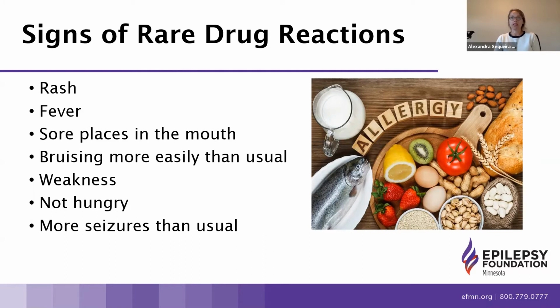The presence of fever or sore places in the mouth, ulcerations, easy bruising, weakness, loss of appetite, and then an increase in seizure frequency, a sort of paradoxical increase. Those are all reasons to potentially not wait even to talk to your epilepsy team, depending on the context, but you might actually want to be seen in urgent care or the emergency room.